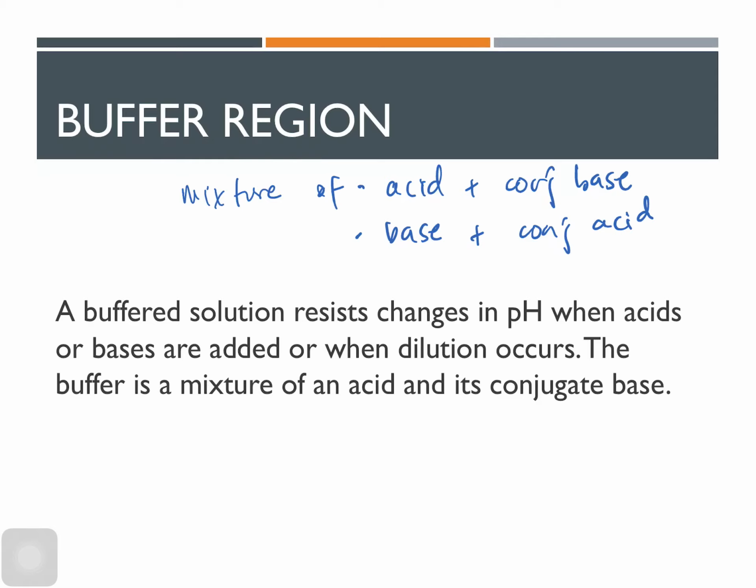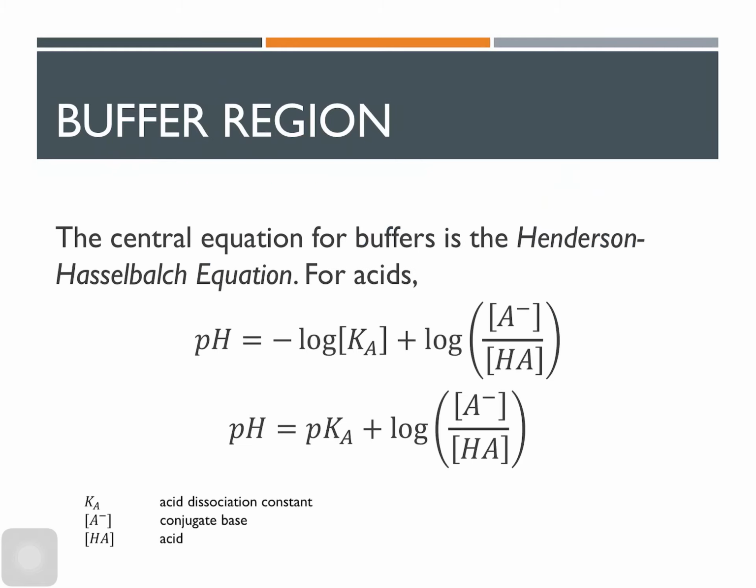The question here is how are we going to compute for the pH in a buffer region? You can use your ICE table. However, I will be presenting to you a simplified version of that process. We call that the Henderson-Hasselbalch equation.